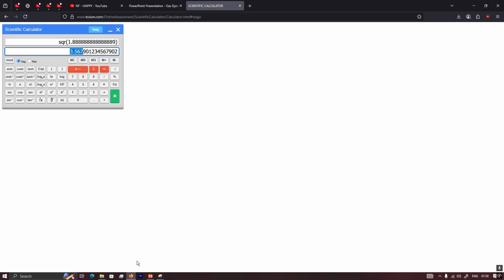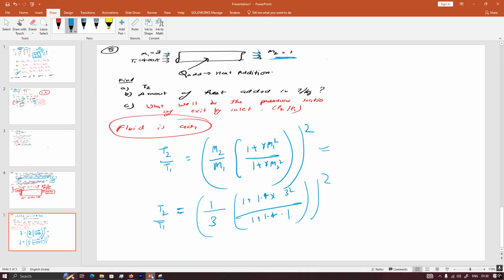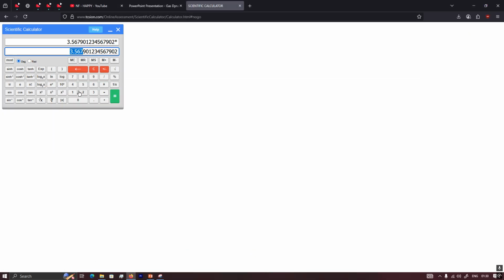So this is the ratio of T2 by T1. Now I just have to multiply by the value of T1 to get T2, so into 400.